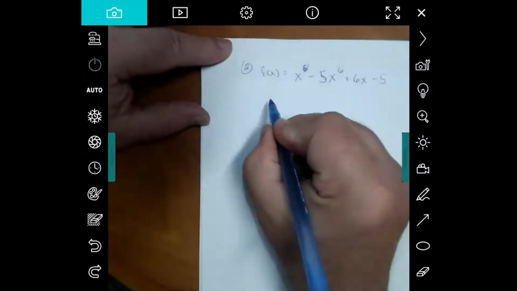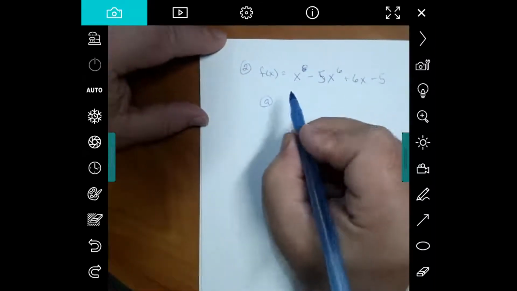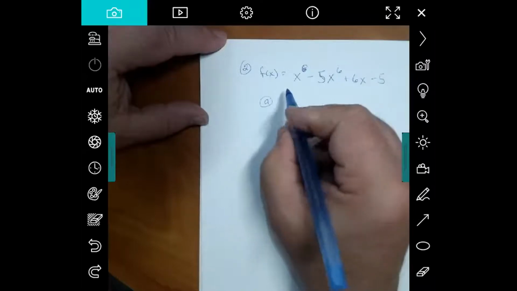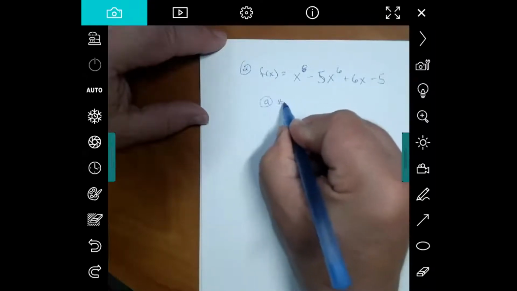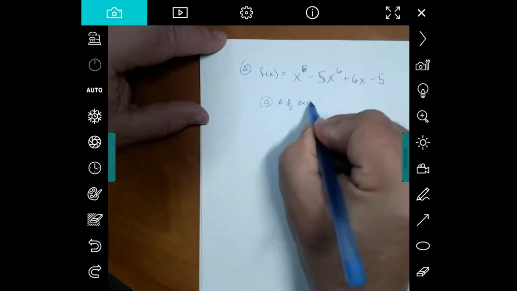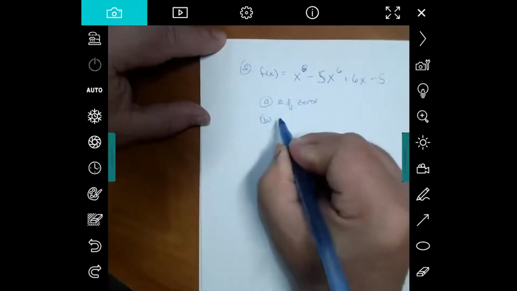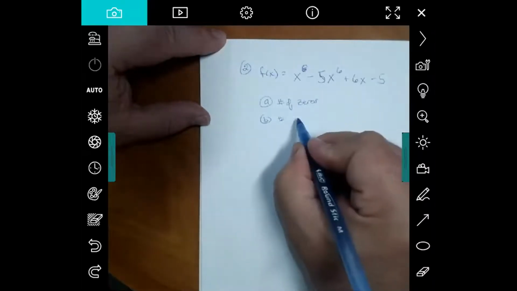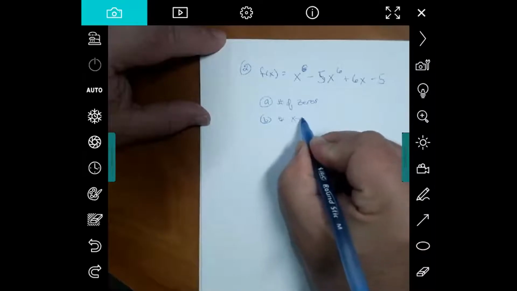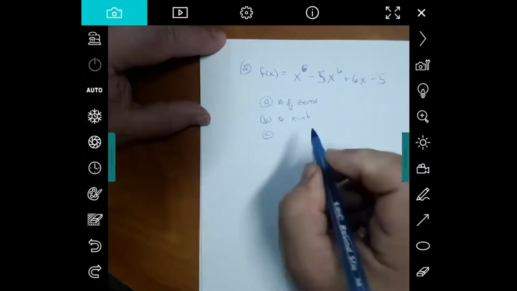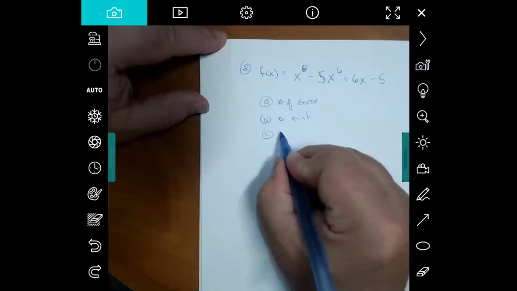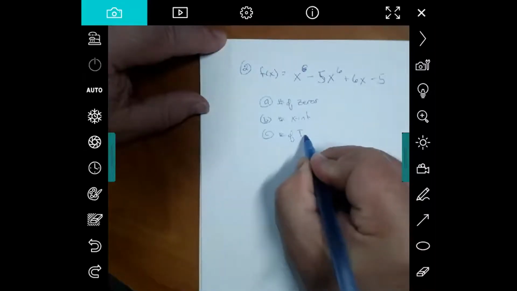Again, A is asking us for the maximum number of zeros. B, the maximum number of x-intercepts. And C, the number of turning points.